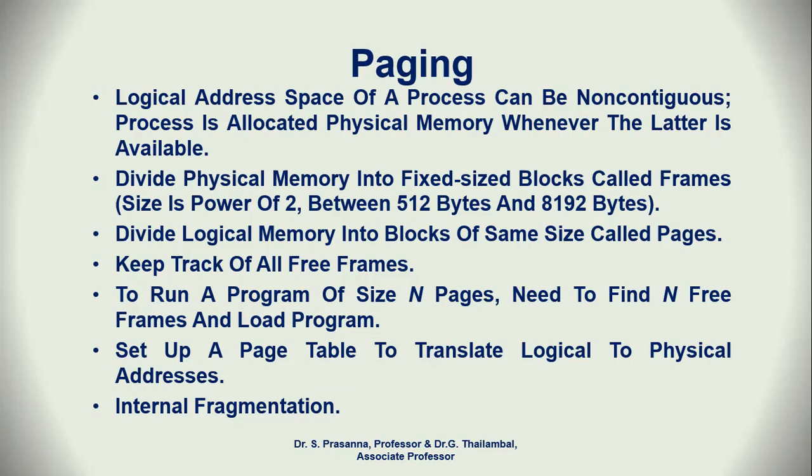So set up a page table, which is going to tell you about the free spaces of physical memory and also the frame which is allocated. This page table will help you to translate the logical address into a physical address.